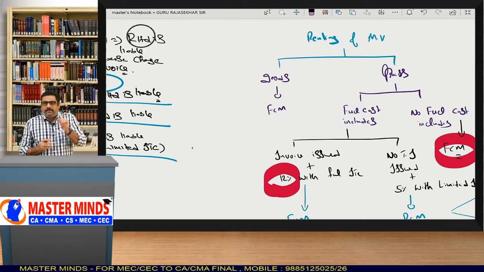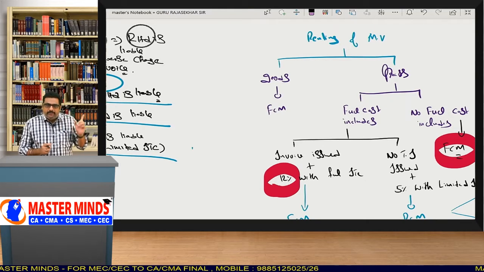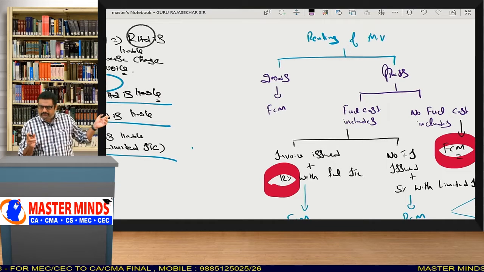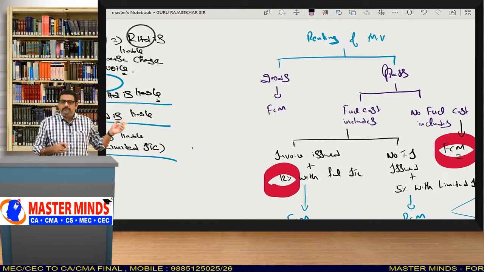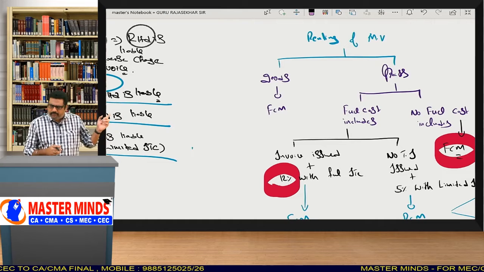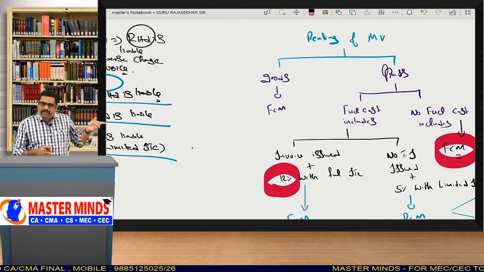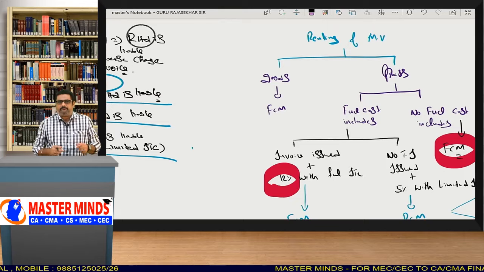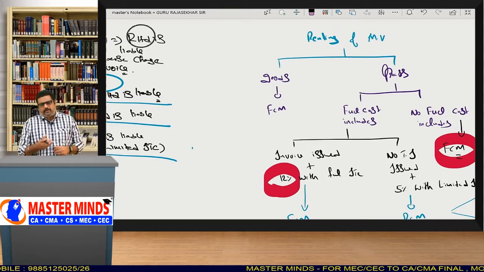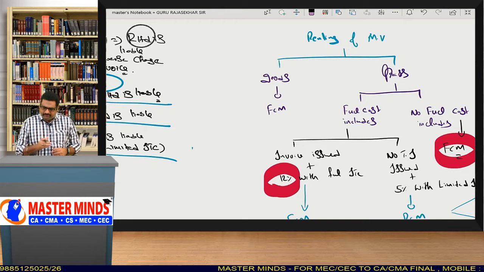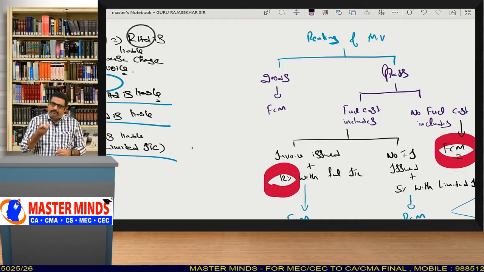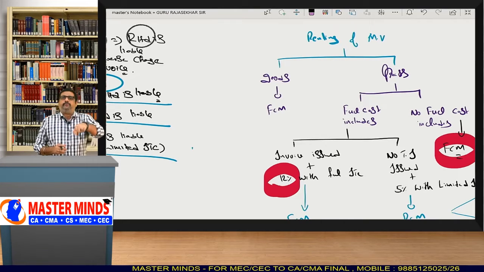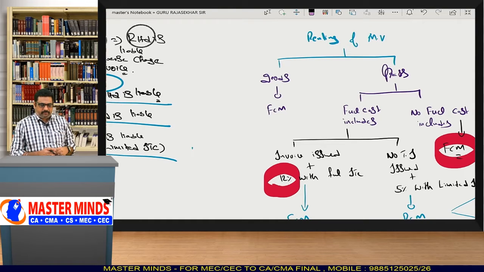So, if it is renting of a motor vehicle designed to carry goods, FCM or RCM? FCM. If the renting of motor vehicle is designed to carry passengers, there is a possibility to apply RCM. If the motor vehicle is designed to carry passengers and the consideration from the recipient does not include the cost of fuel, then FCM will be applicable.